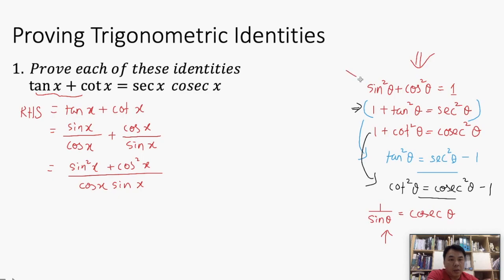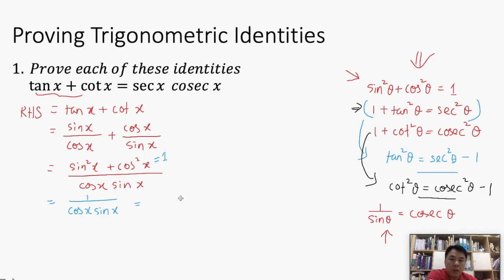Now it's just nice. We recognize that sine square theta plus cos square theta is equal to 1. So sine square x plus cos square x must be equal to 1 also. Because of that, we can rewrite this as 1 over cos x sine x.